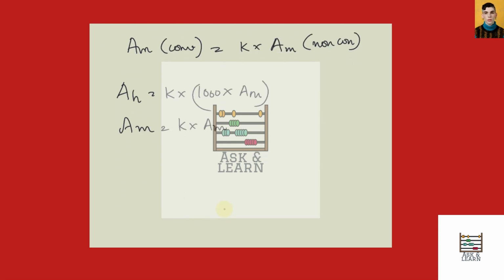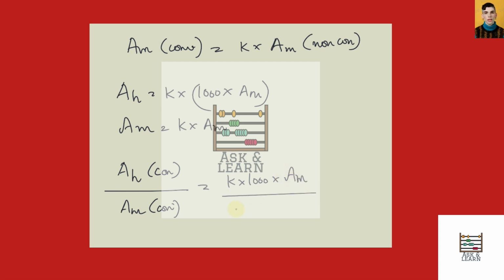Now we can express a ratio of surface areas of the convoluted brains. Therefore, A human for convoluted divided by AM for convoluted will be equal to K into 1000 into A mouse divided by K into A mouse.